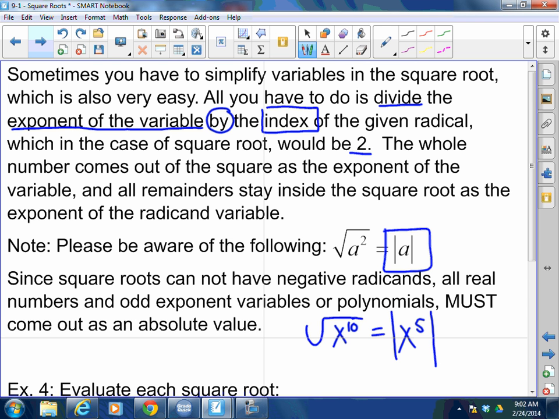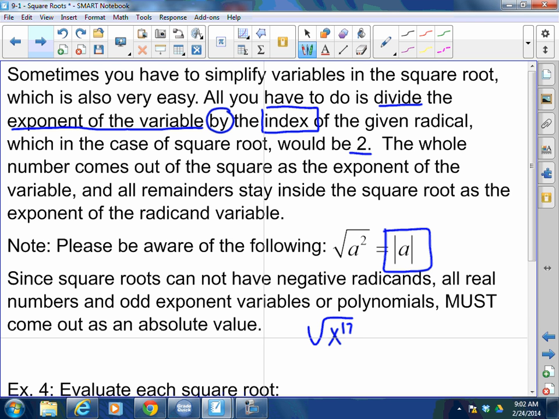Now, let me show you one where there's a remainder. Let's say I tell you, give me the square root of x to the 17th. Okay? 17 is going to be divided by the index. What's 17 divided by 2?